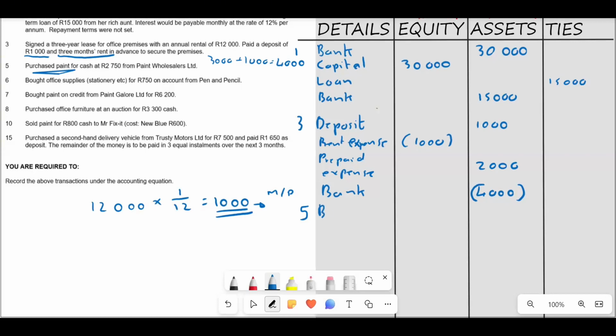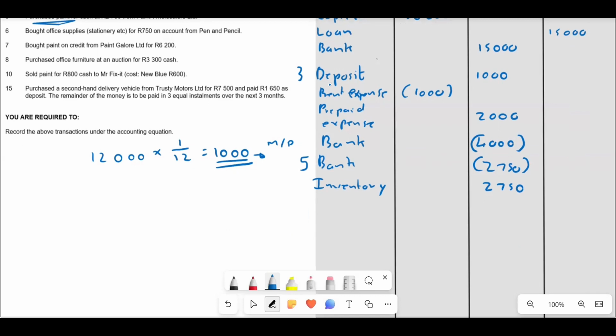Therefore, bank would have decreased by 2,750 and inventory would have increased, because now we are adding more stock to our company. So we have more trading stock. Therefore, our asset is going to increase. I hope that makes sense. So let's go on to day 6.